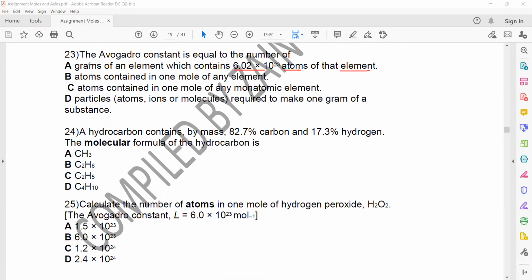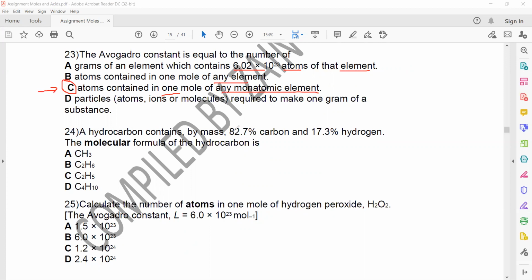That's not the right answer, because an element can be atoms or it can exist as molecules as well. Atoms contained in 1 mole of any element, that's wrong, not 1 mole, but it is the number of atoms which are present in 1 mole of monoatomic, so that C is the right answer.